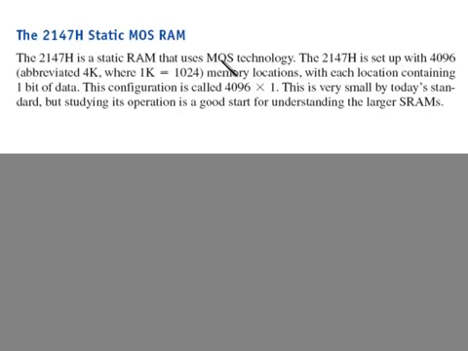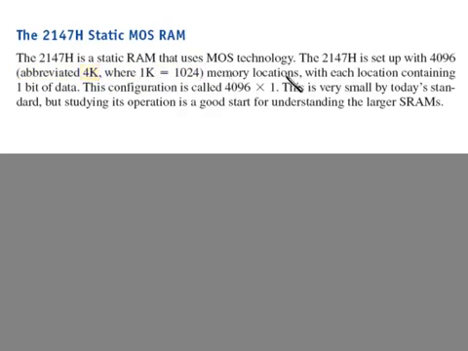It's a static RAM. It uses MOS technology. It's set up with 4096, which is abbreviated 4K, and 1K is defined as 1024, which is really 2 to the 10th power. Of course, we're going to be 2 to the 12th power to get 4K.